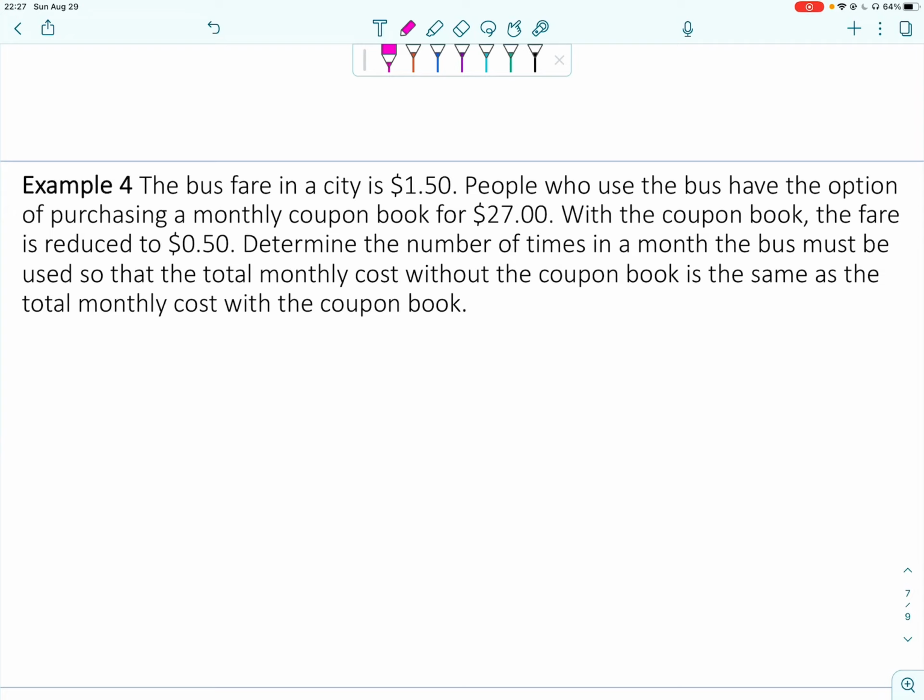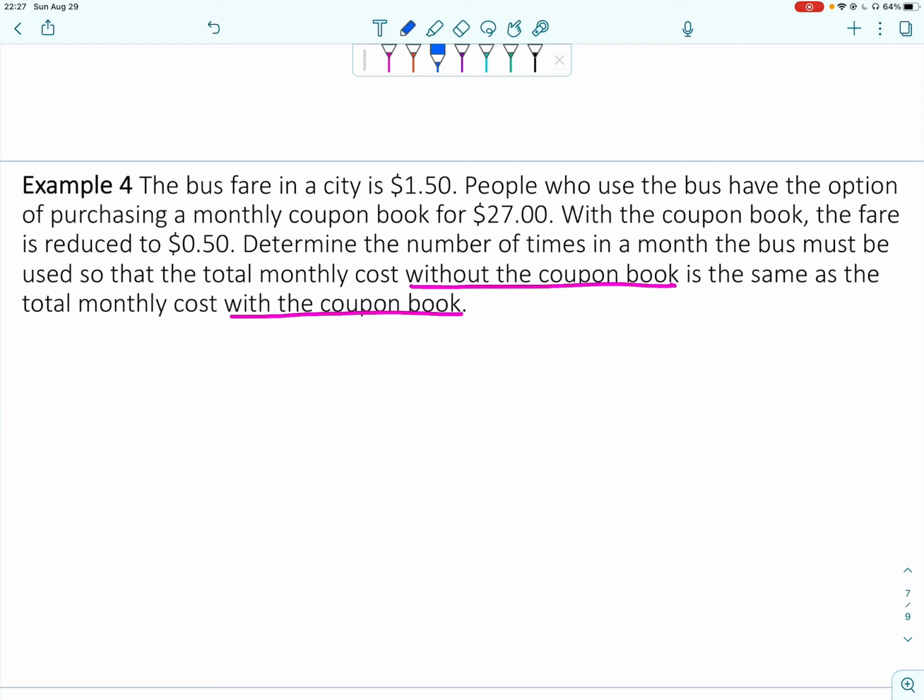So we're going to have to write 2 different formulas for this one. We're going to need to look at how much it would cost without the coupon book versus with the coupon book.